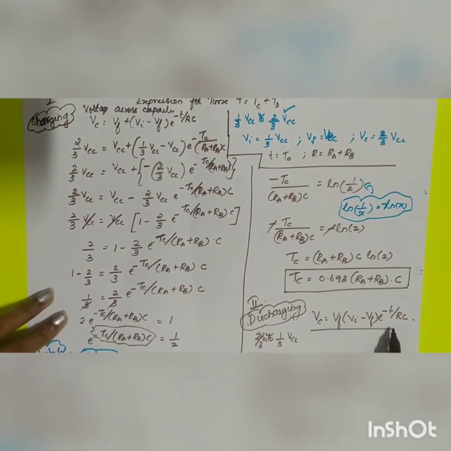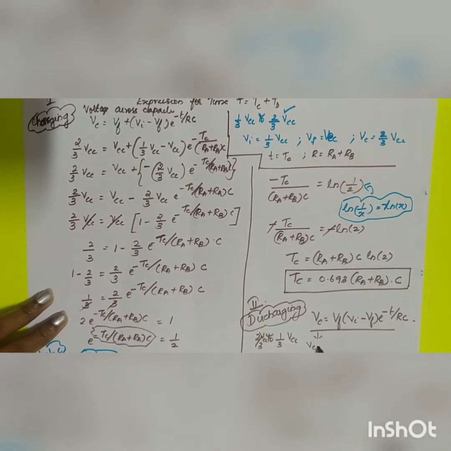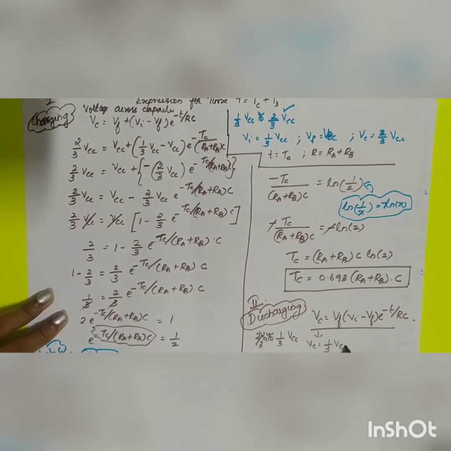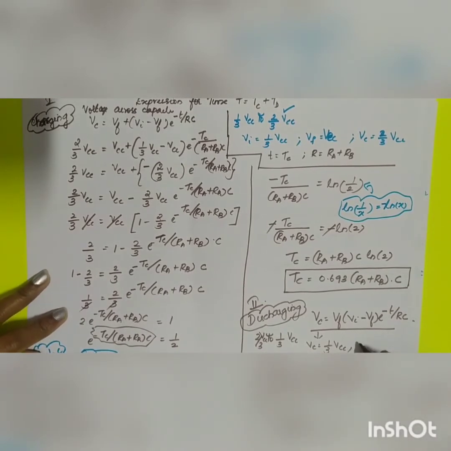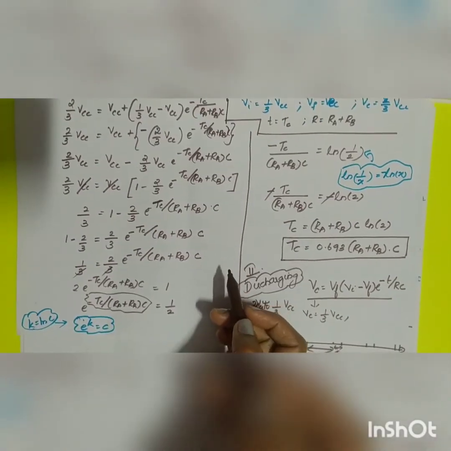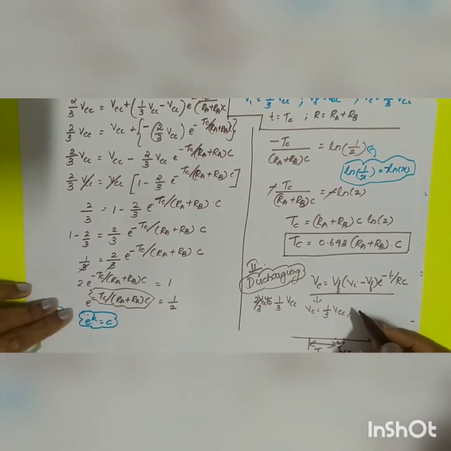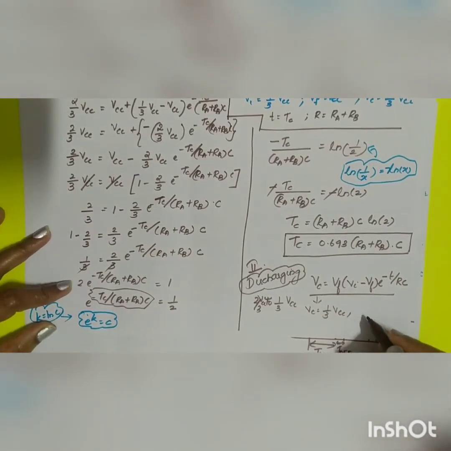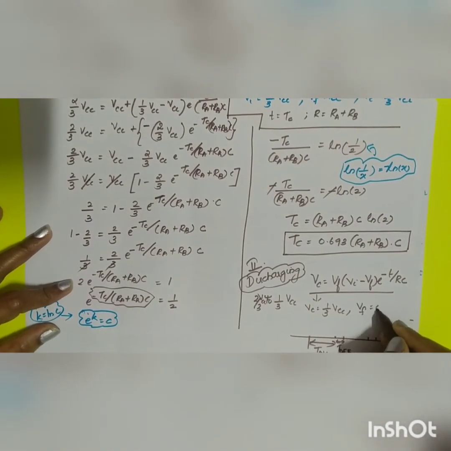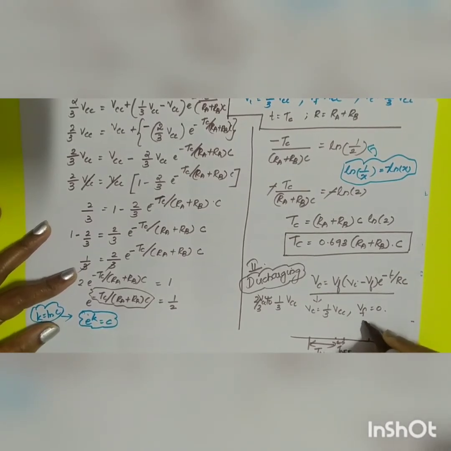So what are the different values you will get? Vc will be equal to 1 by 3 Vcc, right? Now Vf will be your final value. In this case the capacitor can discharge till 0. So Vf will be equal to 0. Okay. So what will be your Vi?